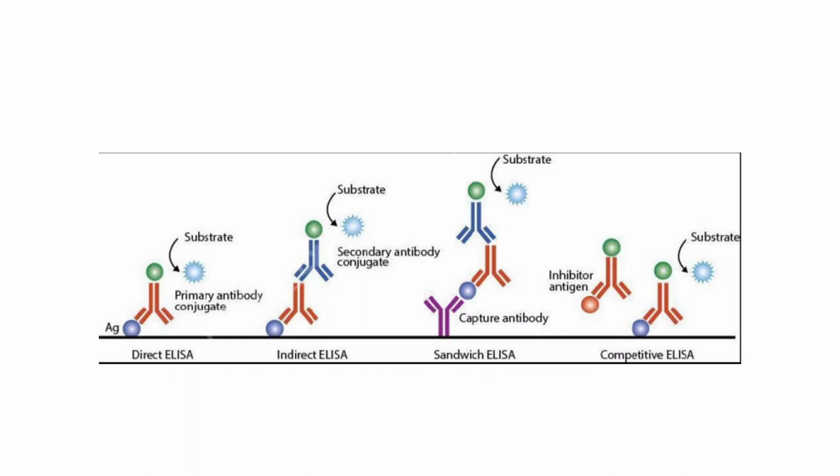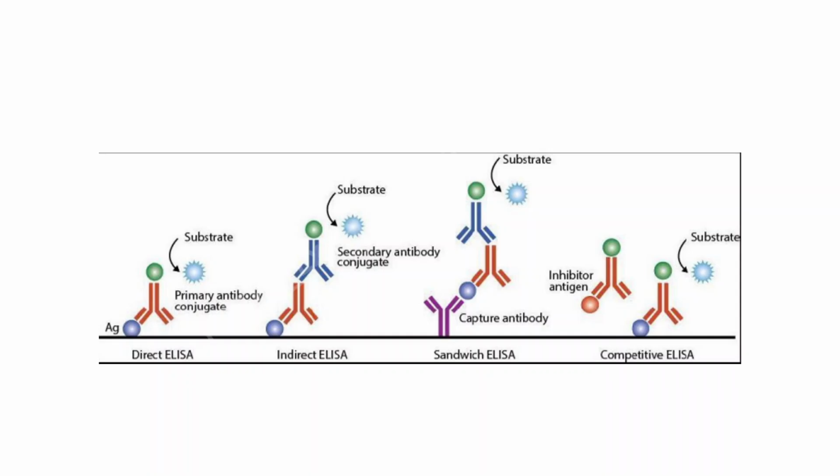So if there is no reaction between the primary antibody and antigen, the secondary antibody will also not bind, because when we are doing ELISA, in each step we are doing a washing step. So we have the antigen coated plate. If we add the primary antibody, after adding the primary antibody, we will wash the plate so that any unbound fraction will get removed. Then we will add the secondary antibody.